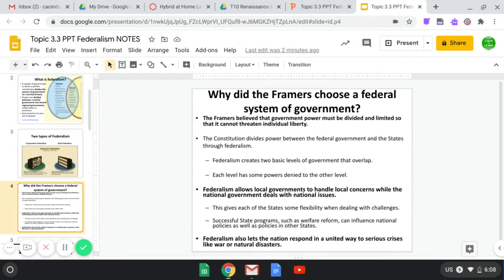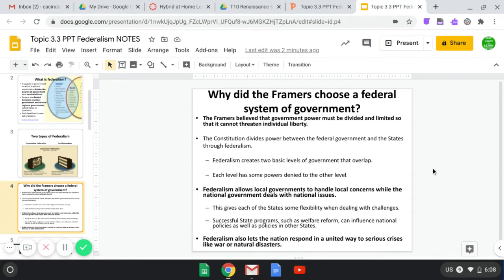However, they would find out that they had to have some kind of strong central government. So dividing the powers between the federal and the states would prevent one side or the other becoming too powerful, because each one has certain powers that they're denied.